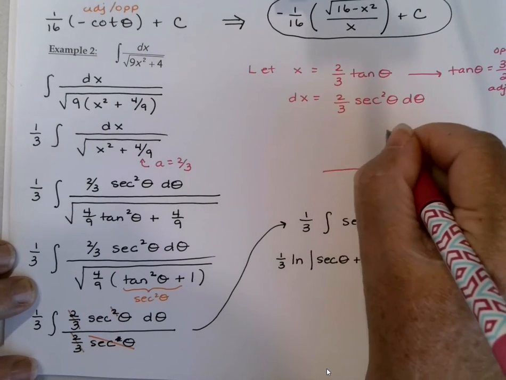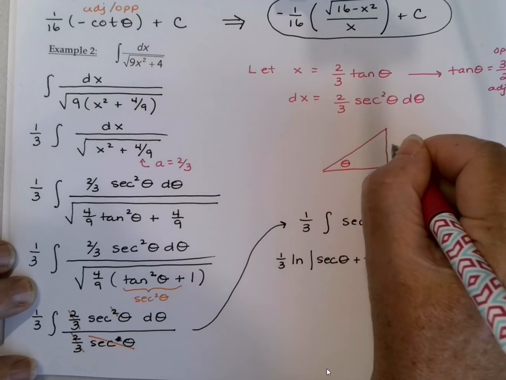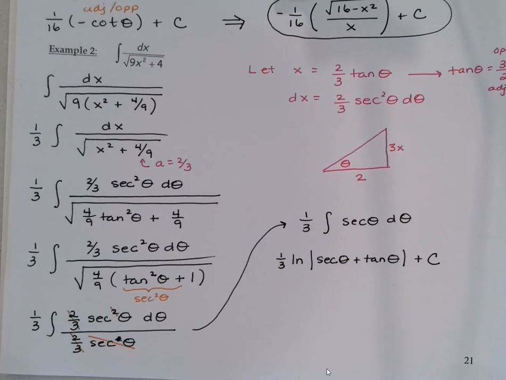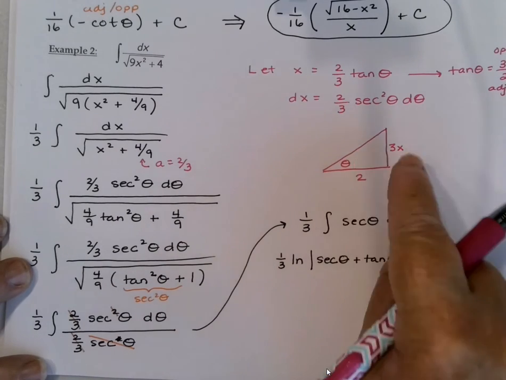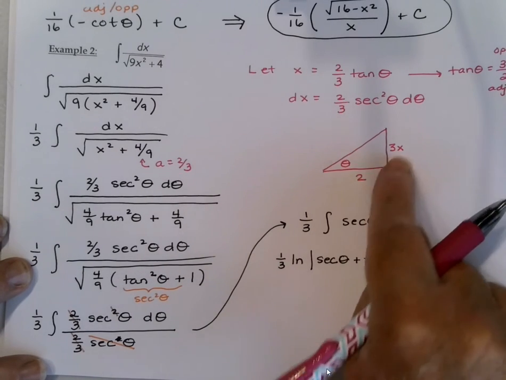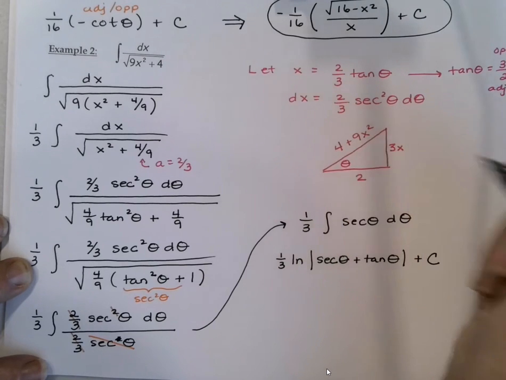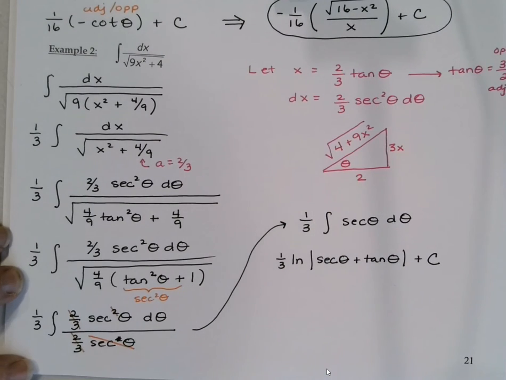So if I were to draw my triangle, opposite would be 3x, adjacent would be 2. Okay. Pythagorean theorem, that's just c squared, or c rather. So a squared plus b squared would be 4 plus 9x squared, that would be c squared, and if I take the square root, there's my c.